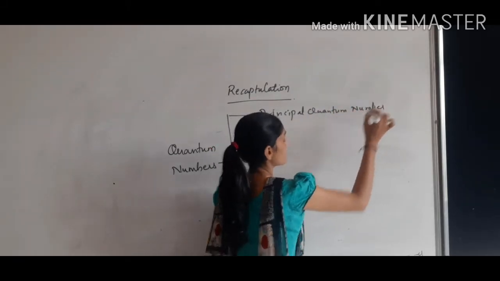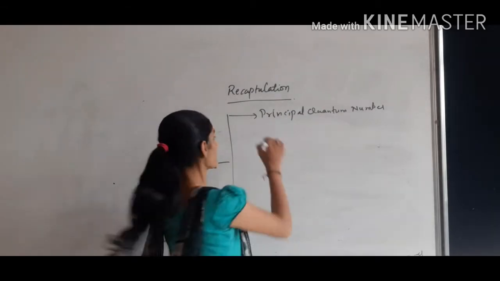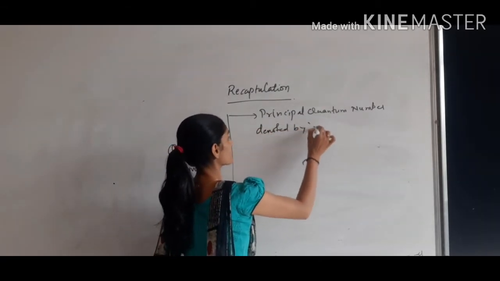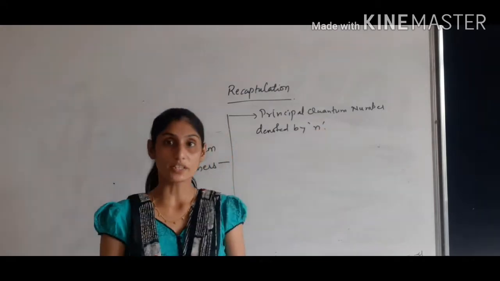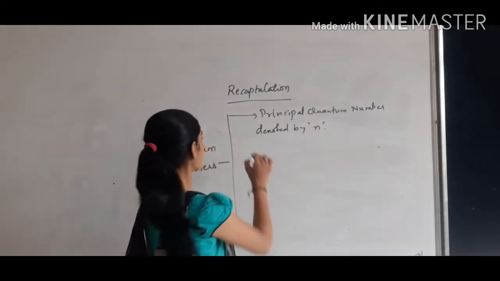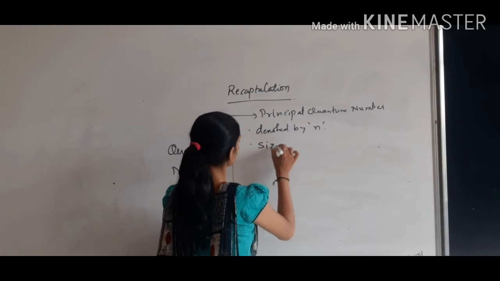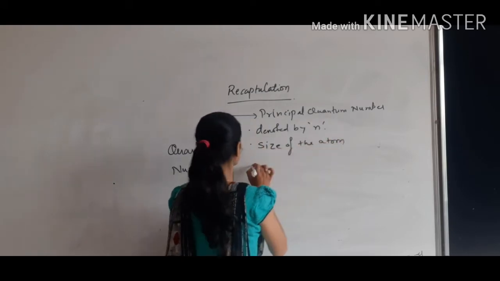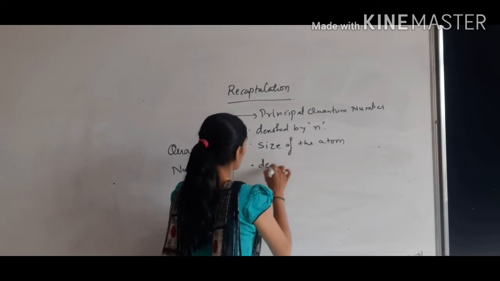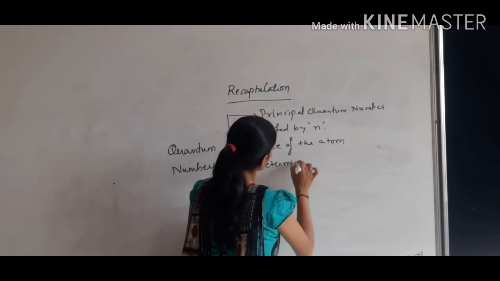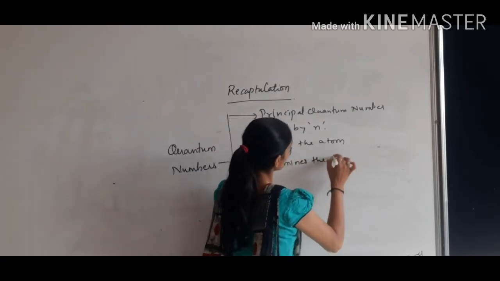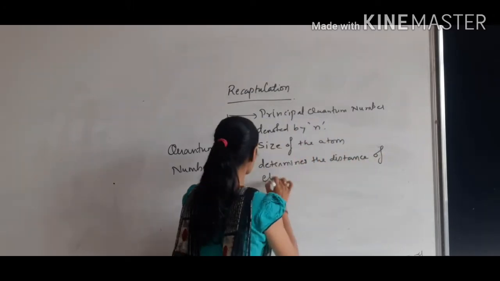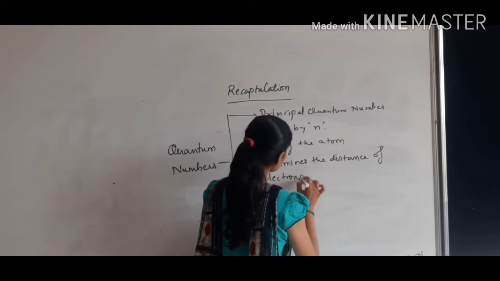When we talk about the principal quantum number, it is denoted by small n. What does it determine? It determines the size of the atom. It determines the distance of the electron from the nucleus.